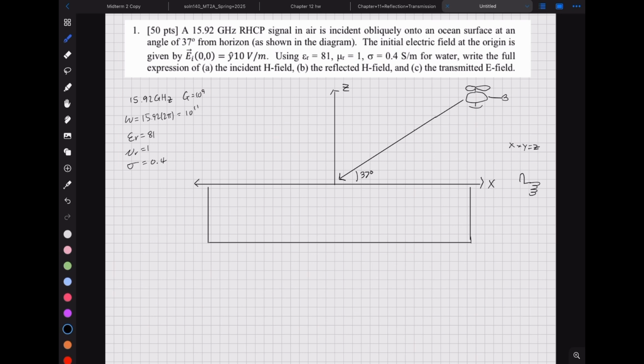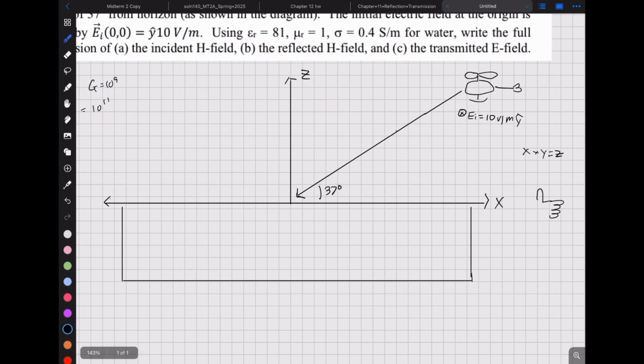We know that the y is going to be pointing into the page. So our E of I equals 10 volts per meter, pointing into the page, as represented with the x.